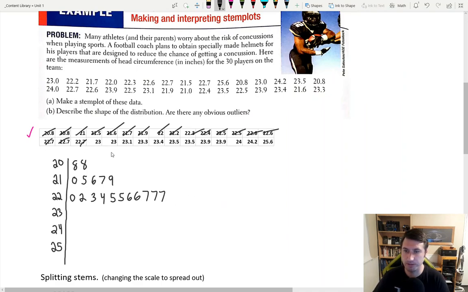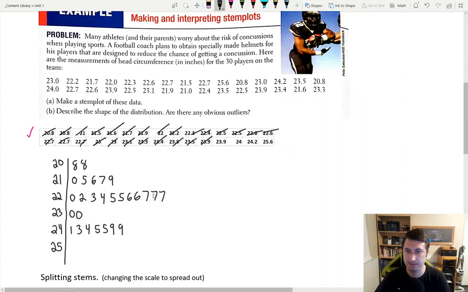And now I'm on to the 23s. I got two 23.0s. 1, 3, 4. 5, 5, 9. Another 9. Now, am I lining these up? I got a little carried away. Yeah, they're pretty good. Oops, did I put those in the wrong place?